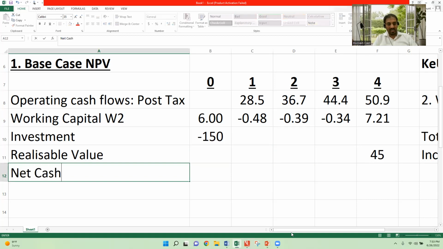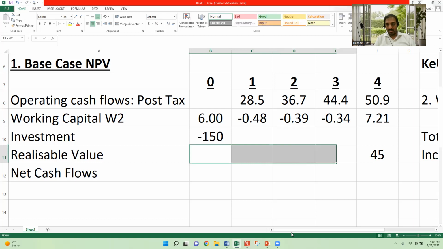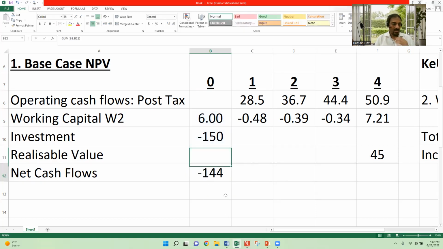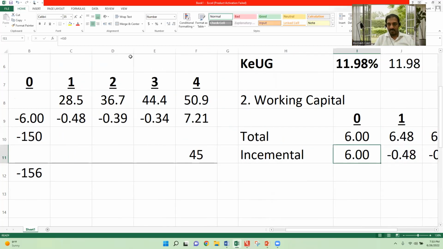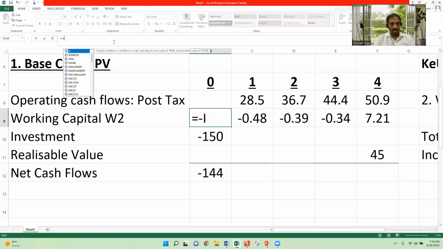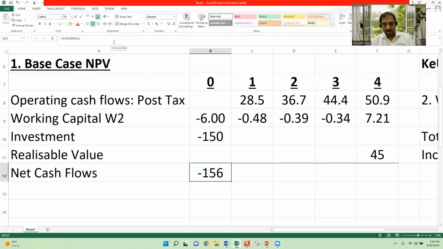And this is the net cash flows. Okay, yes.